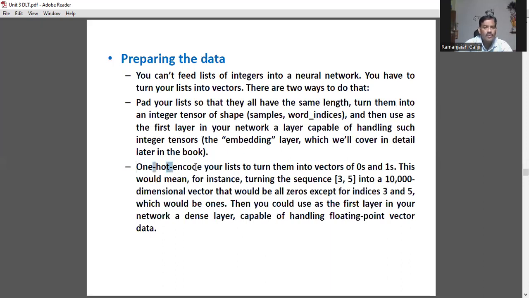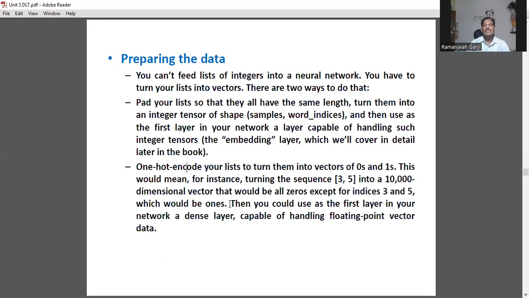Second one is to one-hot encode your lists into vectors of zeros and ones. This would mean, for instance, turning the sequence 3, 5 into a 10,000-dimensional vector that would be all zeros except for indexes 3 and 5, which would be ones.